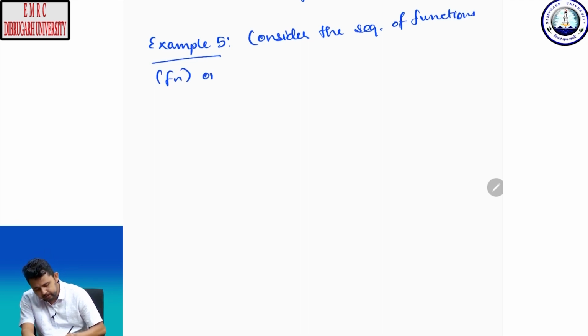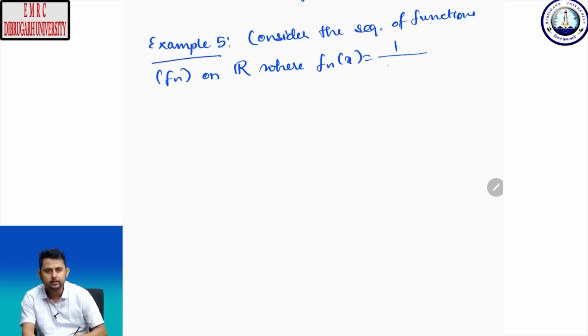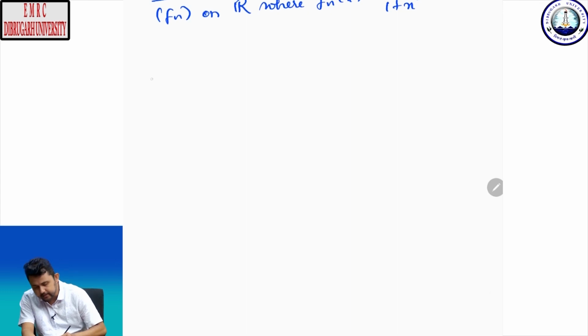Now, this is defined on the whole set of real numbers, where the sequence of functions is given by the formula fn(x) = 1/(1 + x^(2n)), for x in R. Now, here we have the following cases.